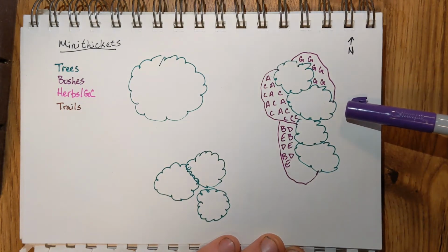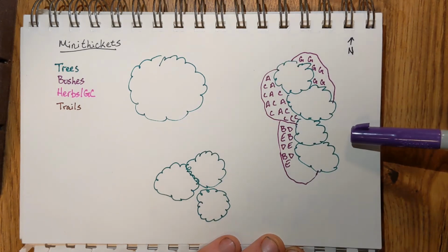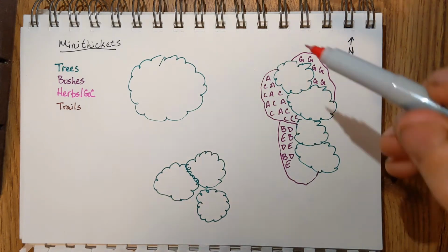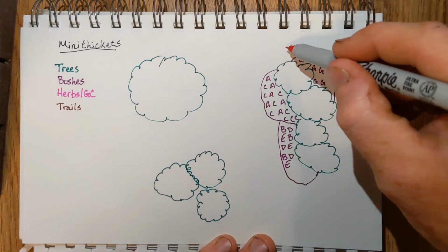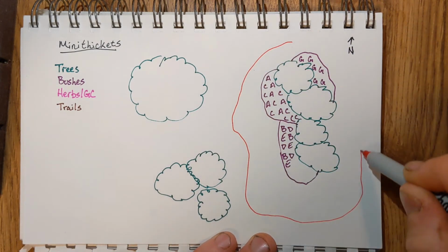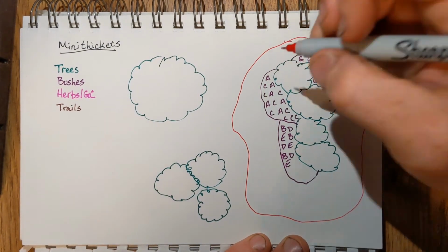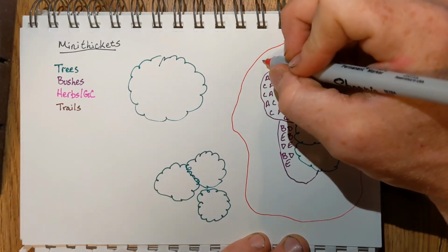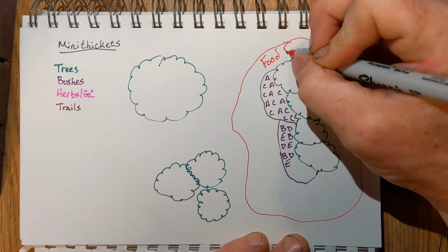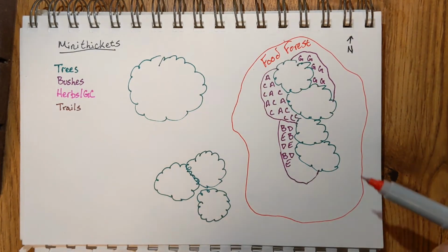Okay. We can also think of this as rooms, as we've discussed in a prior video when we were defining space in the woods. So I might have an area that I am defining as here, right? And this might be the food forest itself, right?